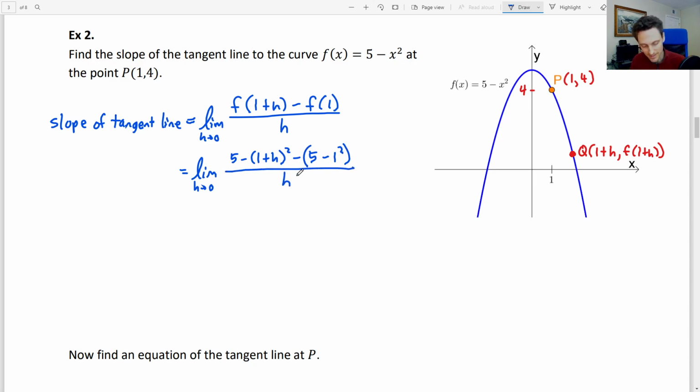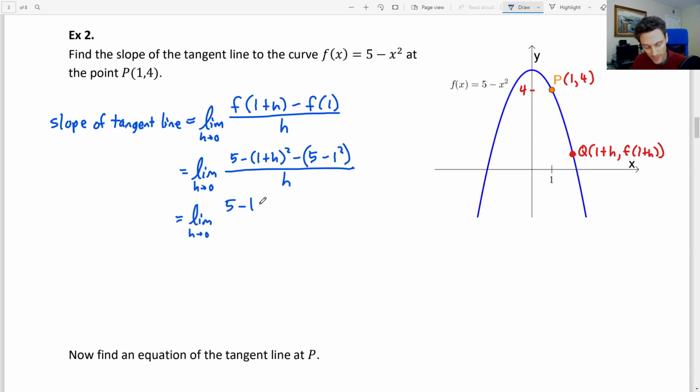All right, so then we have all over h. So now we can take the 1 plus h and square it, and then note that this negative will distribute to all of those terms after we square.